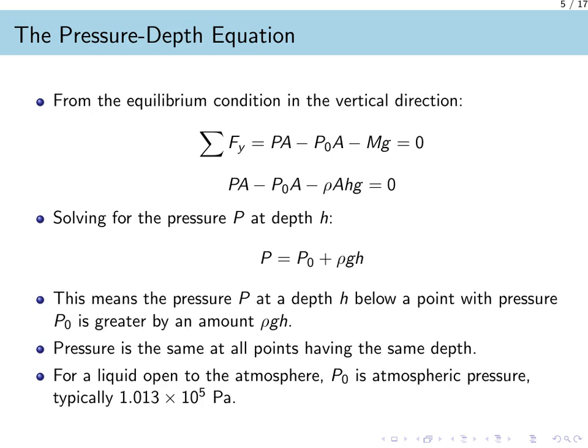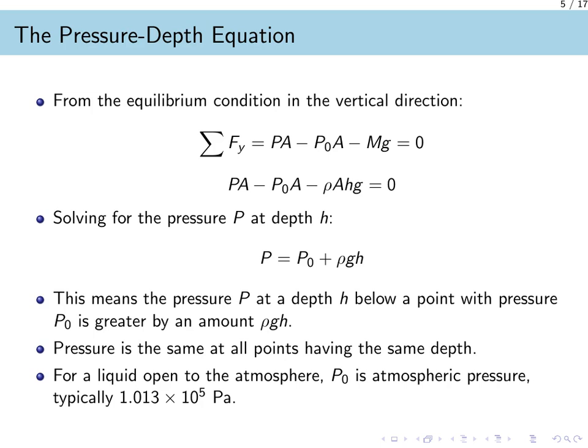Because the parcel is not accelerating, the net force on it must be zero. In the vertical direction, there are three forces: an upward force on the bottom surface equal to pressure P times area A, a downward force on the top surface equal to P0 times A, and the downward force of the parcel's own weight, which is mass m times g.